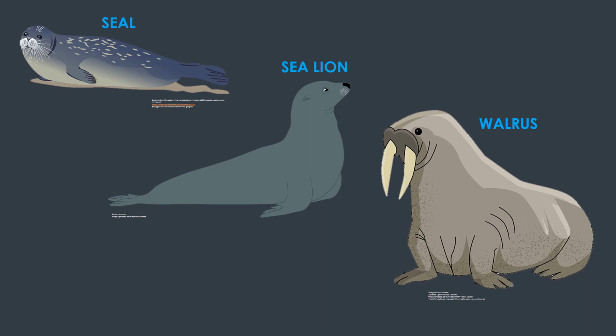On land, seals can be distinguished from sea lions and walruses by their movement and body positions. Seals wiggle on their bellies, with little use of their front or back flippers. Sea lions and walruses use their front and hind flippers to move.